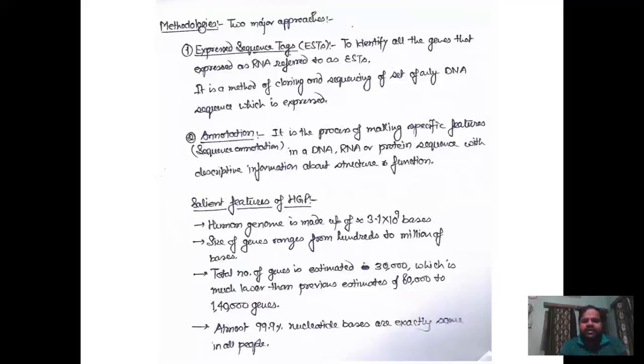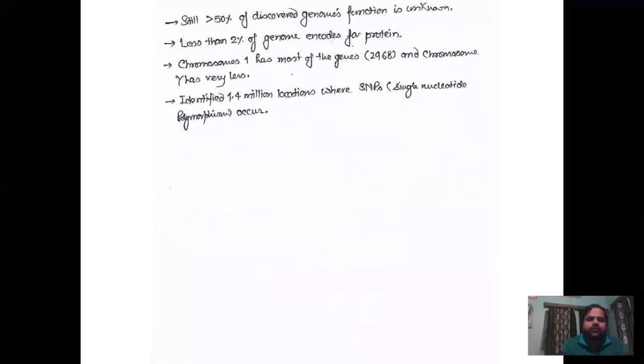The next point is that almost 99.9% of nucleotide bases are exactly the same in all people. It means there is very little difference among persons. Still, more than 40% of the discovered genome's functions are unknown, and less than 2% of the genome encodes for protein.